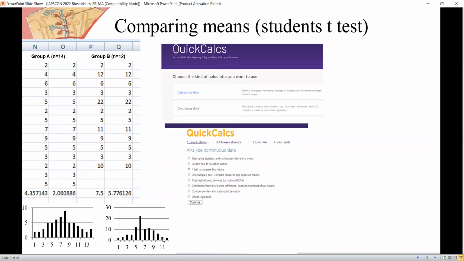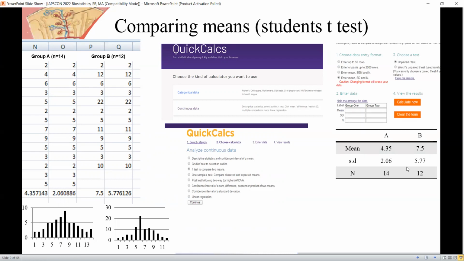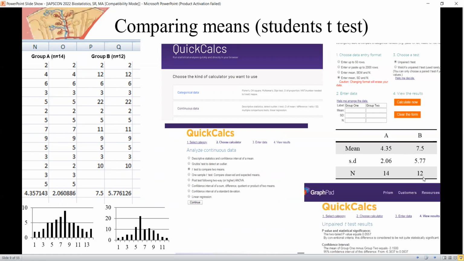So you go to these calculators and go to continuous data, because this is continuous data. Then choose t-test to compare two means. Enter the values here: mean, standard deviation, and the sample size. Then you check for comparison, p-value, and it will come out with the results.